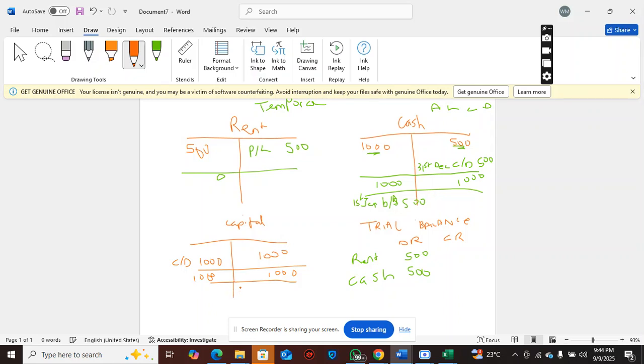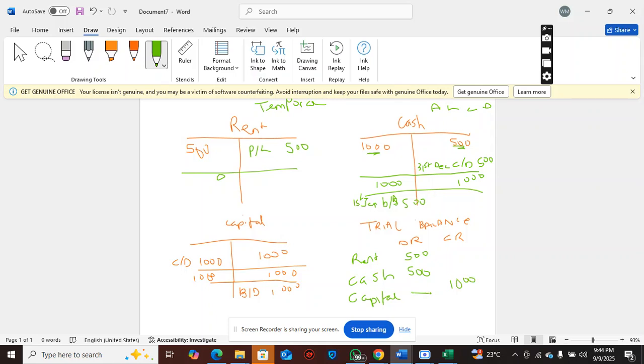Then at the beginning of the year, 1st January, you say balance brought down 1000. So where the balance brought down is, that's where you put it on the trial balance. So for capital, you put here credit side 1000.